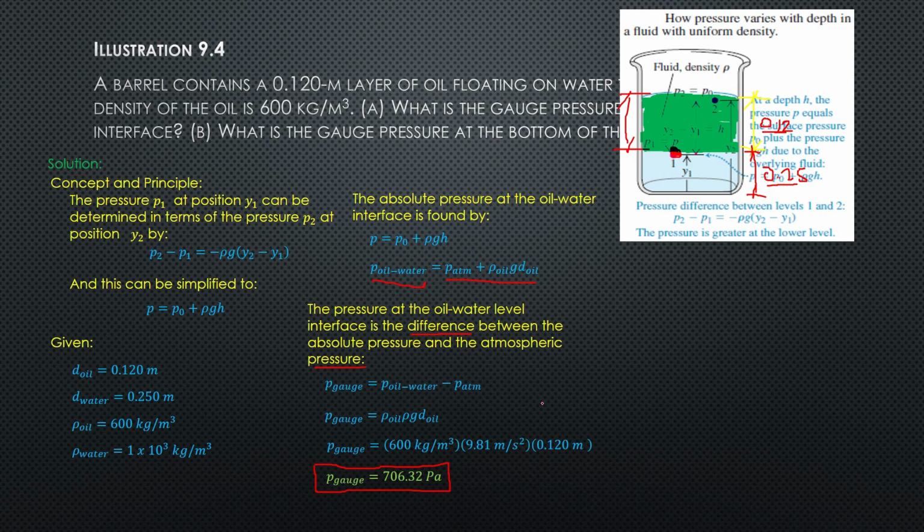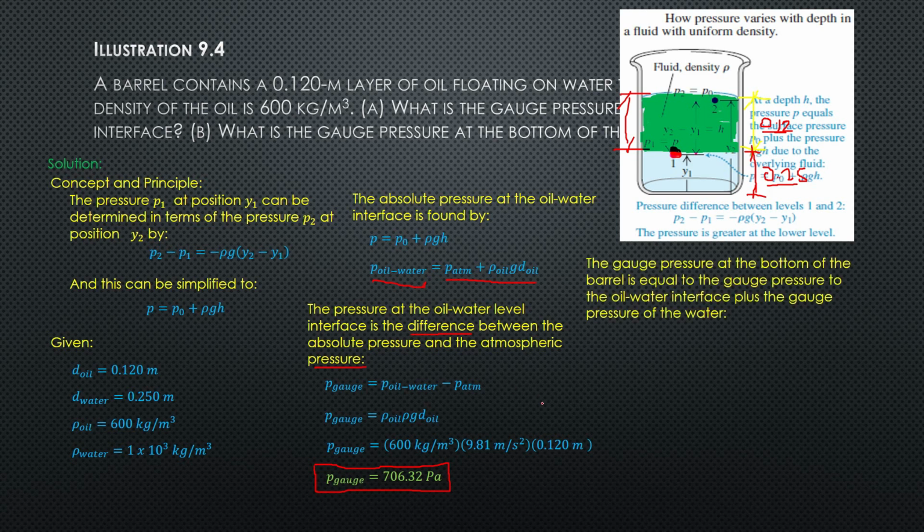Now for letter B, what is the gauge pressure at the bottom of the tank? The gauge pressure at the bottom of the barrel is equal to the gauge pressure at the oil-water interface plus the gauge pressure of the water.